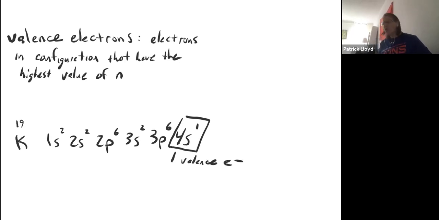Now, why are we so concerned about valence electrons? Well, valence electrons are the ones that are gained or lost because they're farthest from the nucleus. So the electron goes into the valence shell, comes out of the valence shell. It's much more, we call it labile. They can come in and out. The inner electrons are tightly held by the nucleus, so it's very difficult to get rid of them.